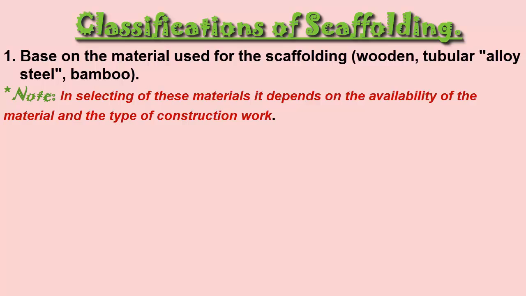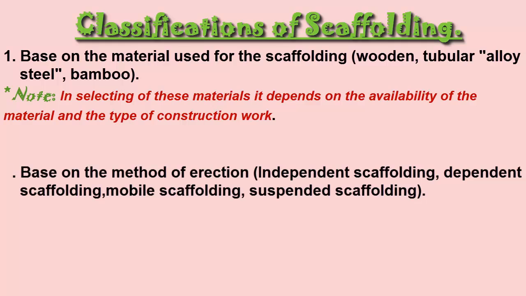Selecting this type of material depends on the availability of the material and the type of the construction work. So that is one of the classifications. The other classification is that we classify scaffolding under the method of erection. That is the method we erect this scaffolding. One, we have the what?